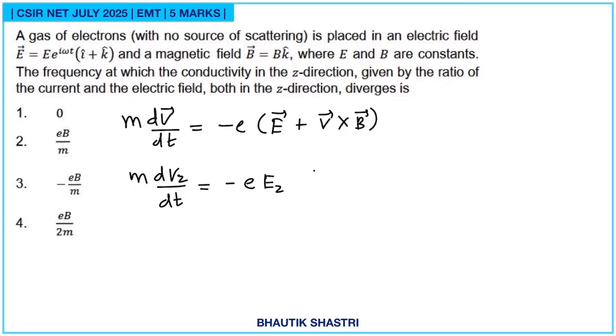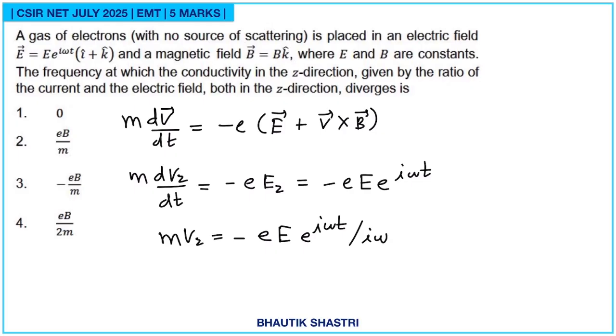So it equals minus e Ez, which is equal to minus e raised to i omega t. So we have m vz is equal to minus e raised to i omega t upon i omega.